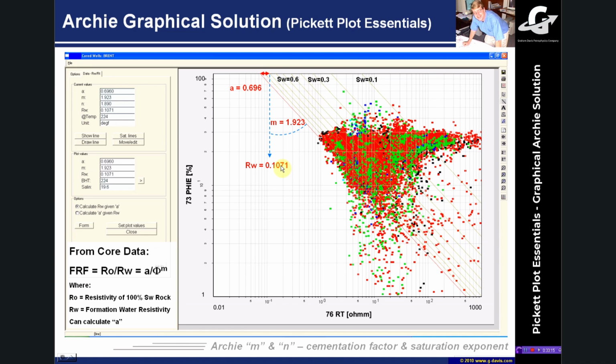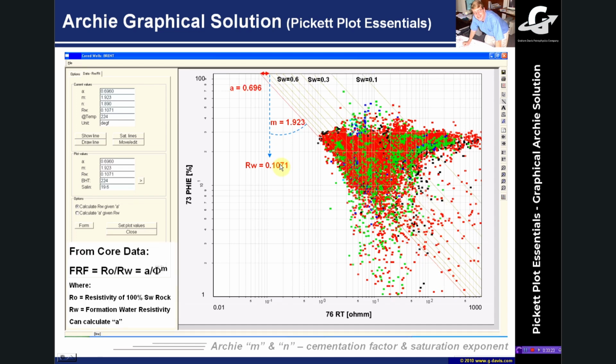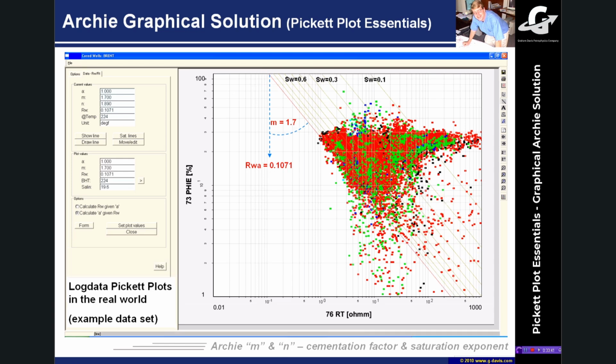If I just toggle between these two, this is what you might do from a Pickett plot analysis, where you're extrapolating a water salinity. And here, if we have core data, I can employ the A and the M from core data directly and overlay that. It's a bit of a moot point whether that gives you a better feel for saturation, a better calculation of saturation in this particular case.